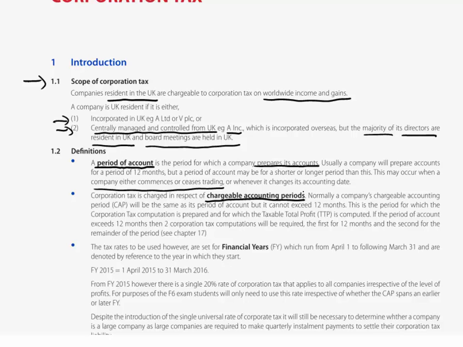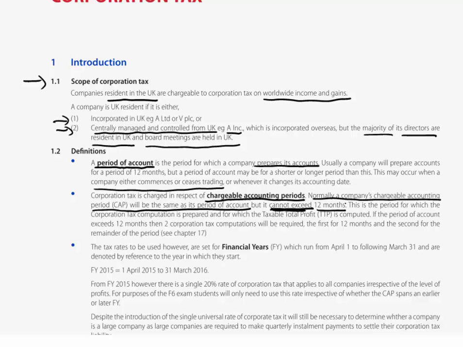Normally, they are one and the same. Normally, a company's chargeable accounting period, which we'll abbreviate to CAP going forward, will be the same as the company's period of account. But there is one important rule for us to know: the corporate tax computation is prepared for a chargeable accounting period, and the chargeable accounting period cannot exceed 12 months.